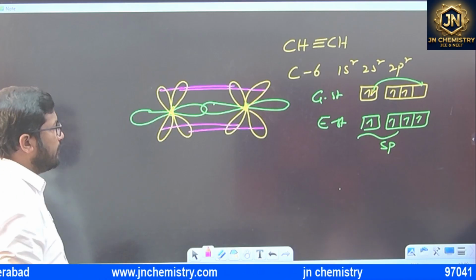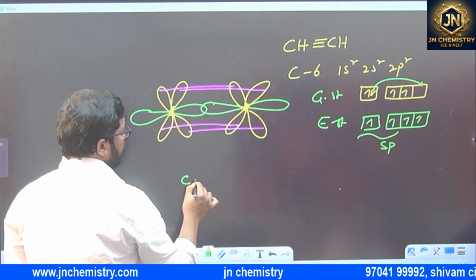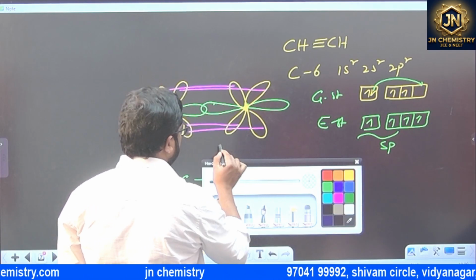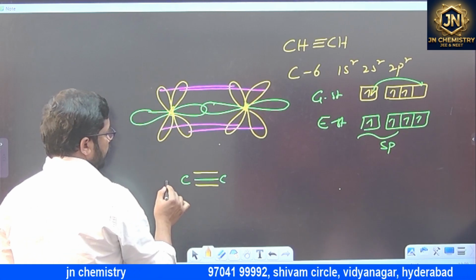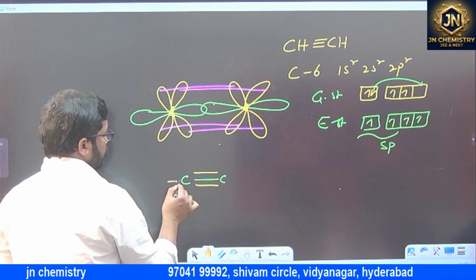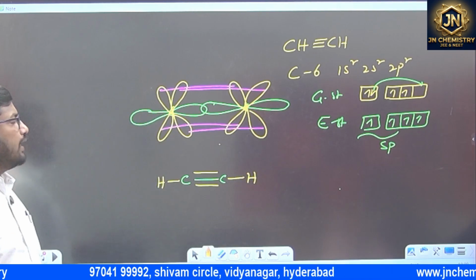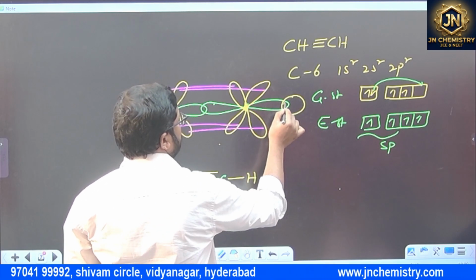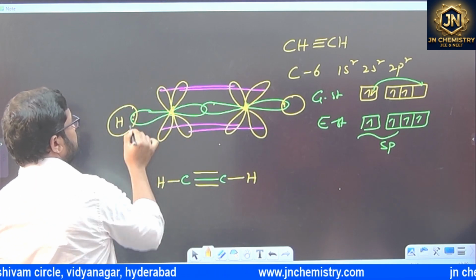We get two pi bonds. So between the carbons there is one C-C sigma bond and two pi bonds, which I am writing in yellow color, and then two hydrogens, like that. So this is the hybrid structure.